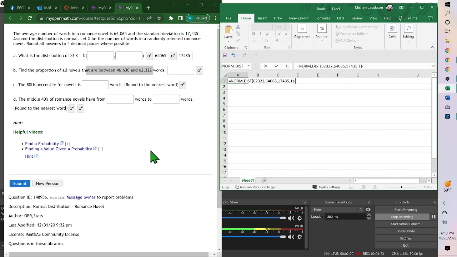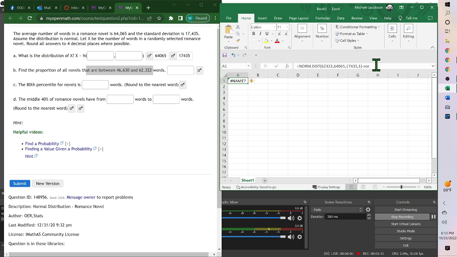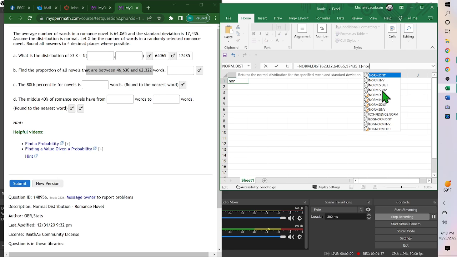And we're going to subtract the other one, norm distribution.